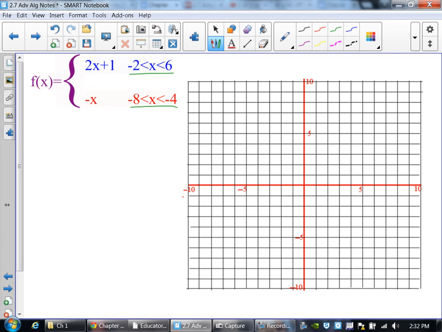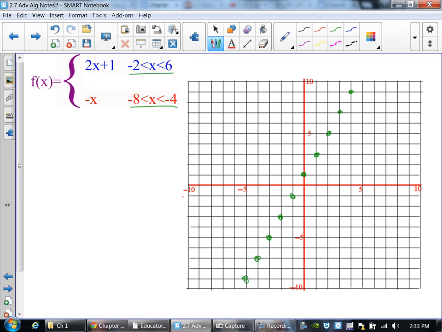I'm going to graph 2x plus 1. That's really easy. I start at 1 and I walk a slope of 2, and I go the other direction. There's my first graph.